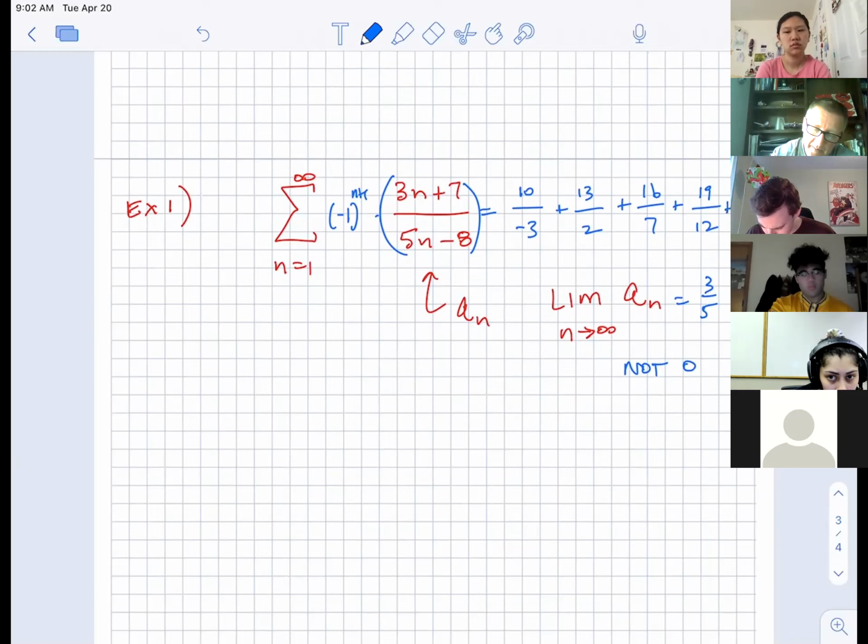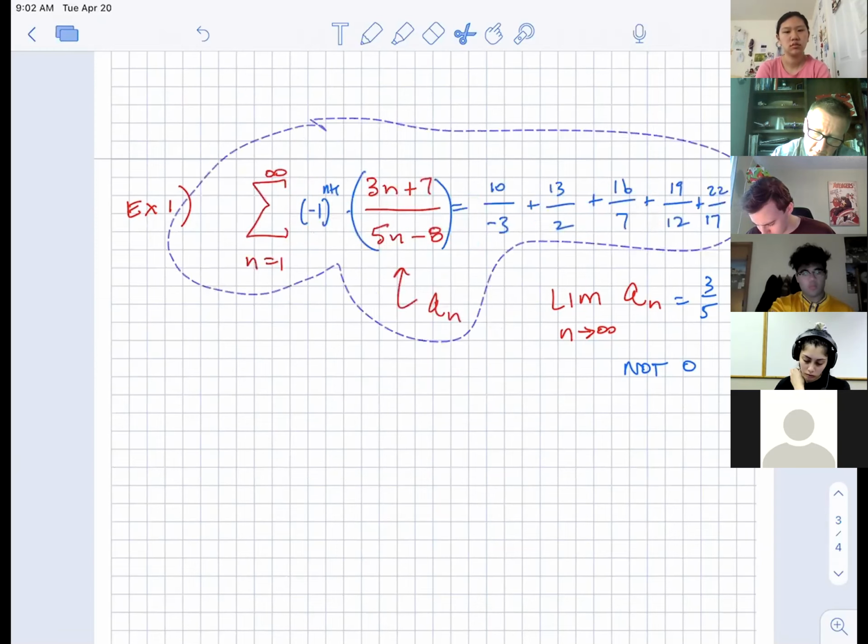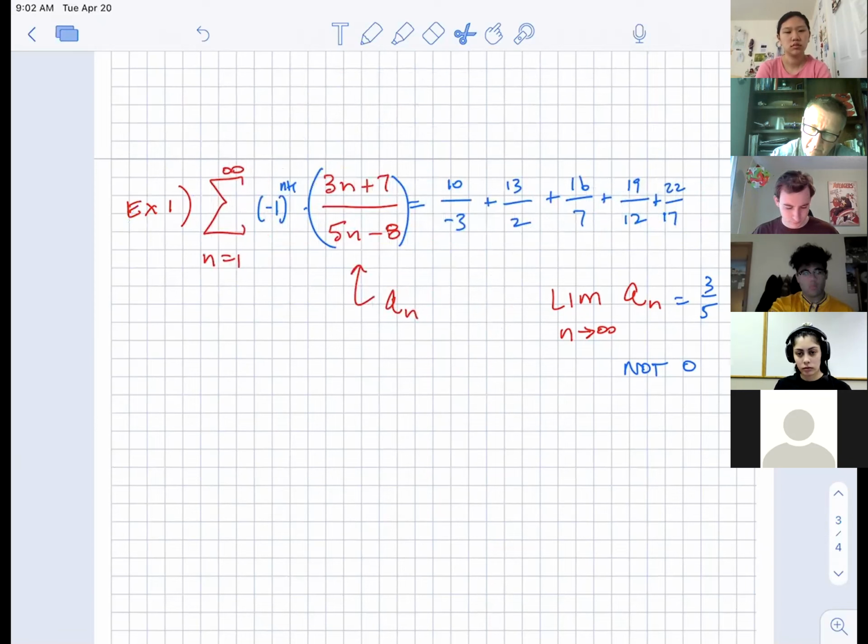Can you see now that this is, even without the alternation, on its way to, well, 3/5 now? I don't think we can see it yet because 22 over 17 is still over 1.